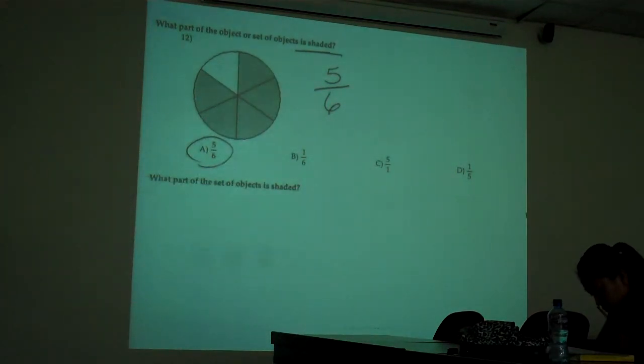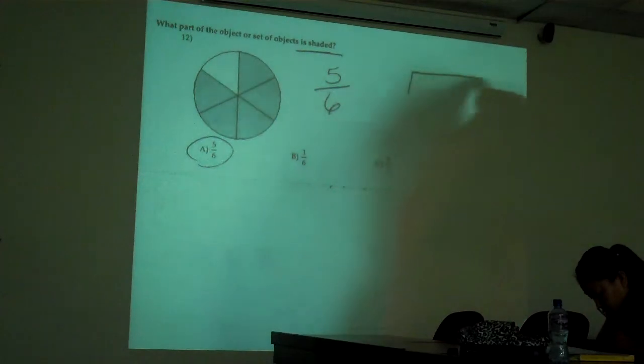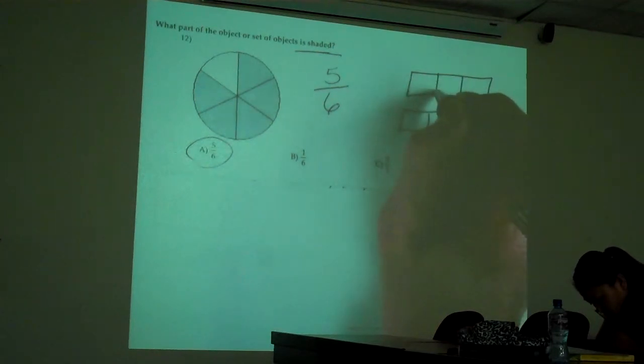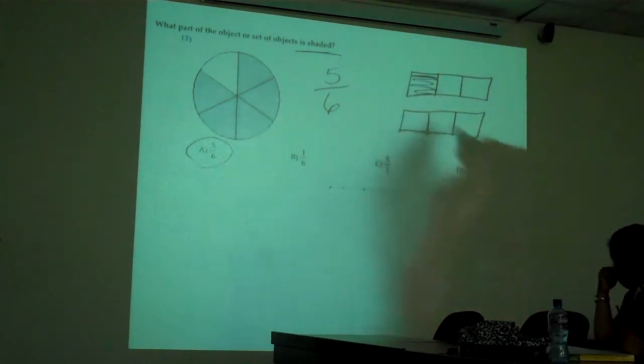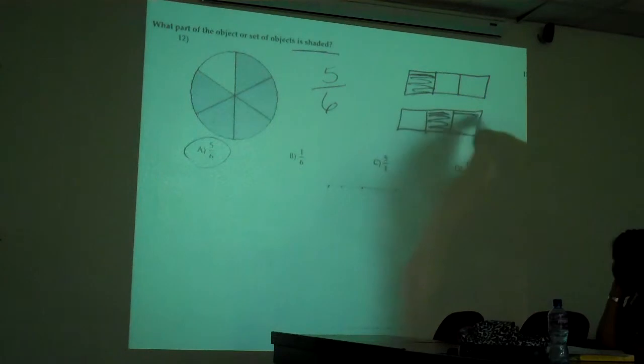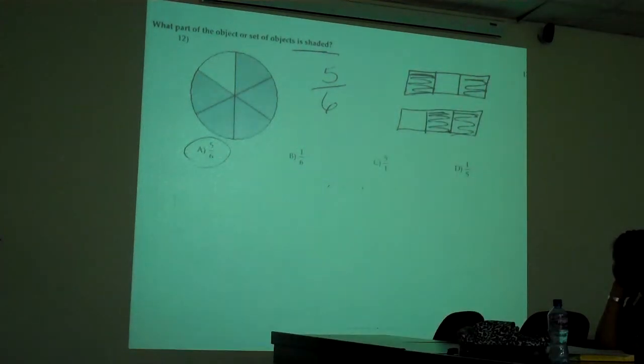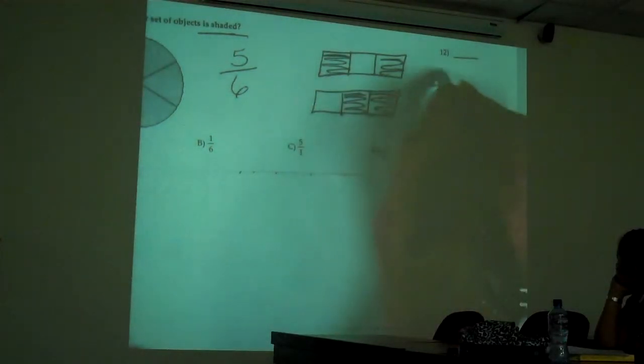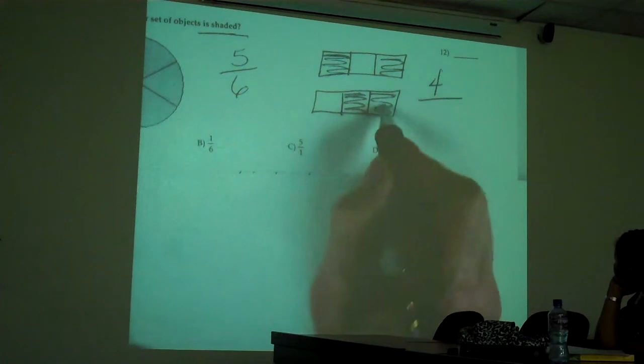If you had 2 objects, like this, and they were divided up like this, and you had 1, 2, 3, 4 of them shaded, how would you do that? There's 4 of them shaded, and it's divided into thirds.